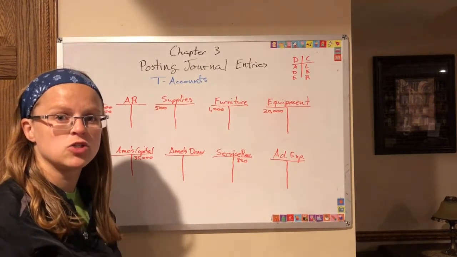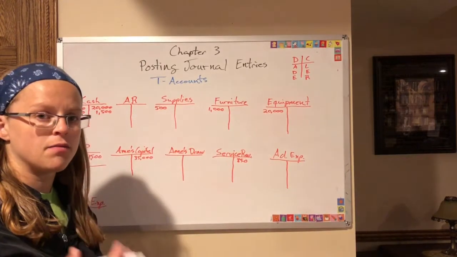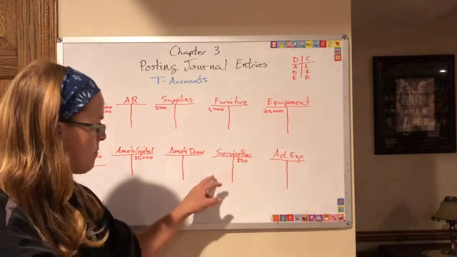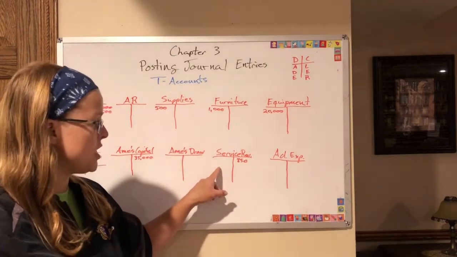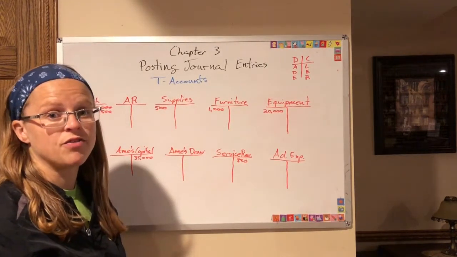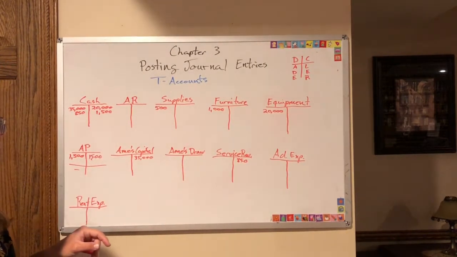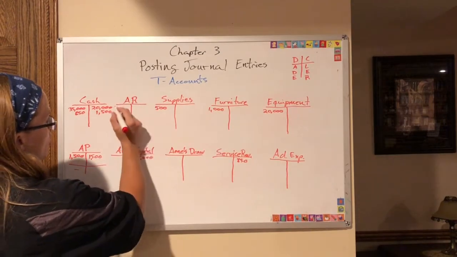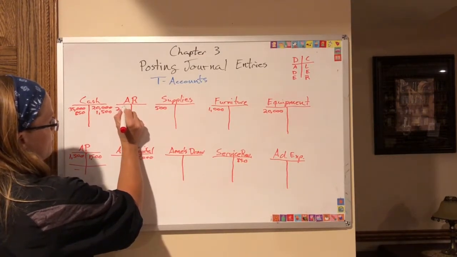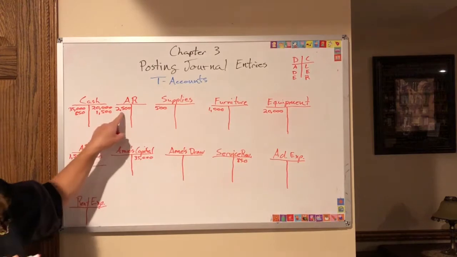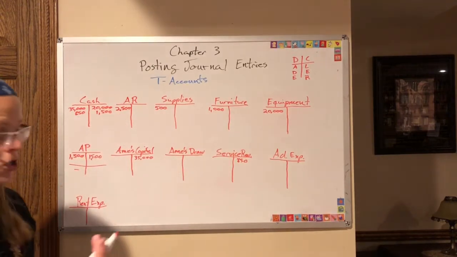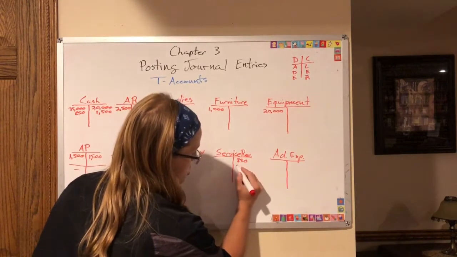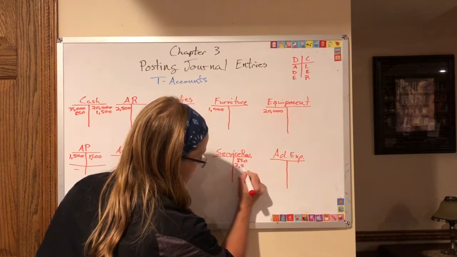She gives lessons, or she holds a camp, say a baseball camp, and she earns $2,500, but they pay her on account. So they didn't actually pay her cash, so they owe her $2,500. All right, but she already provided the service, so we're going to put service revenue of $2,500.